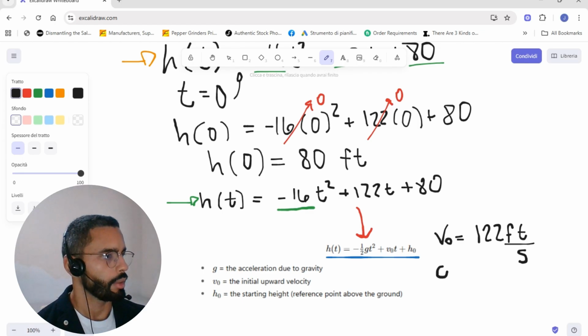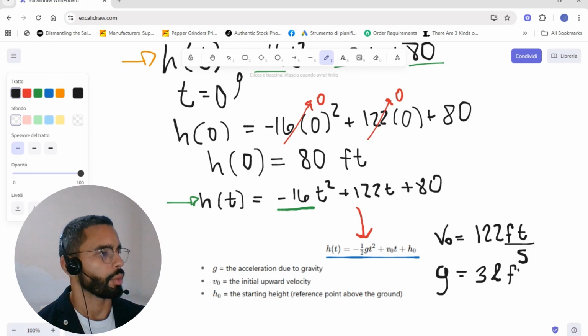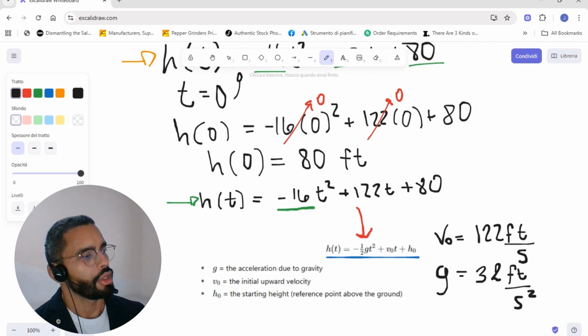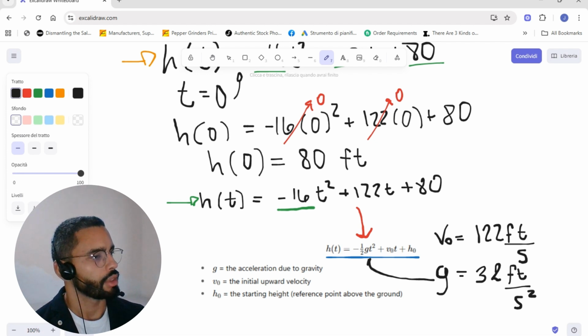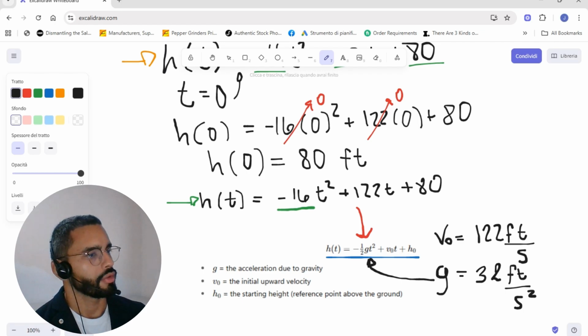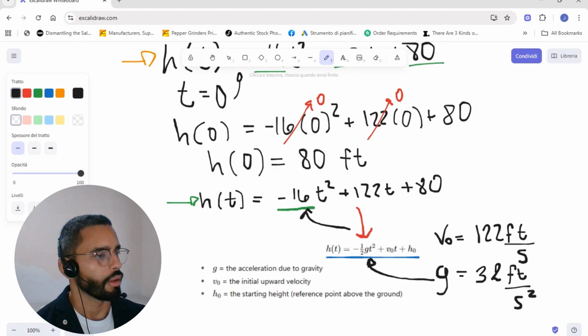Yes, the acceleration of gravity is 32 feet per second squared, or feet per square second. Right? Because if I use this 32 feet per square second and I plug it into the g we have here, we will get these negative 16 that we have right here.